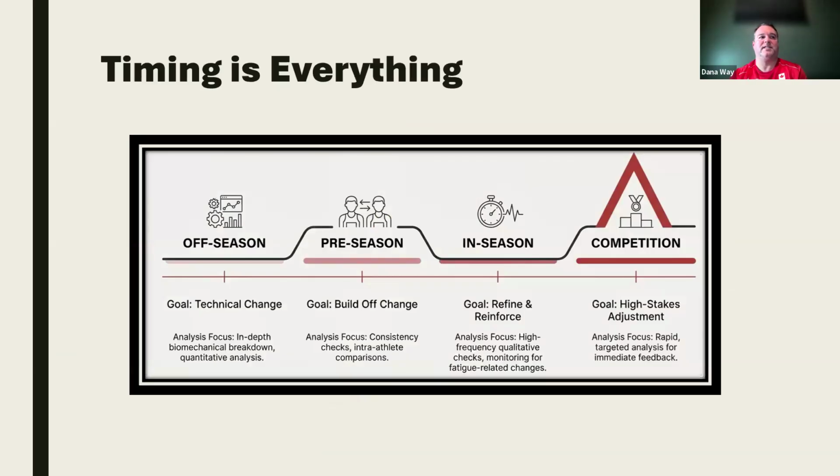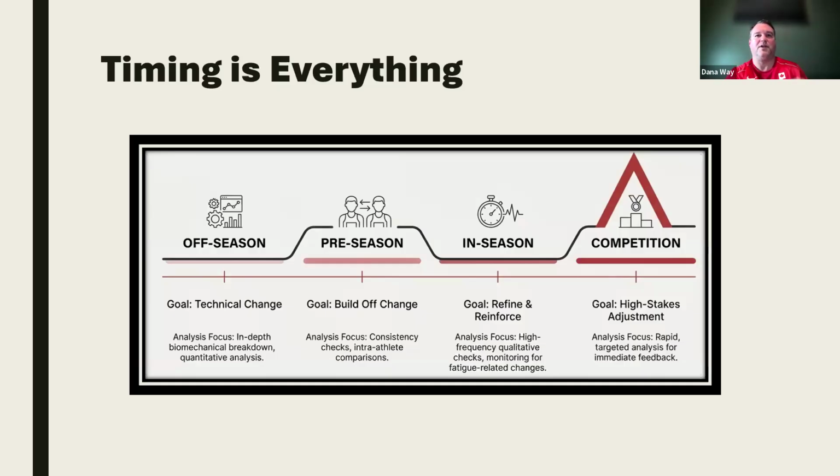You go into the preseason and start to do a bit more intra comparisons. You build off those and then you work in season. In season becomes more around high frequency qualitative pieces. And again, important to note that the qualitative pieces are built off of the quantitative pieces.